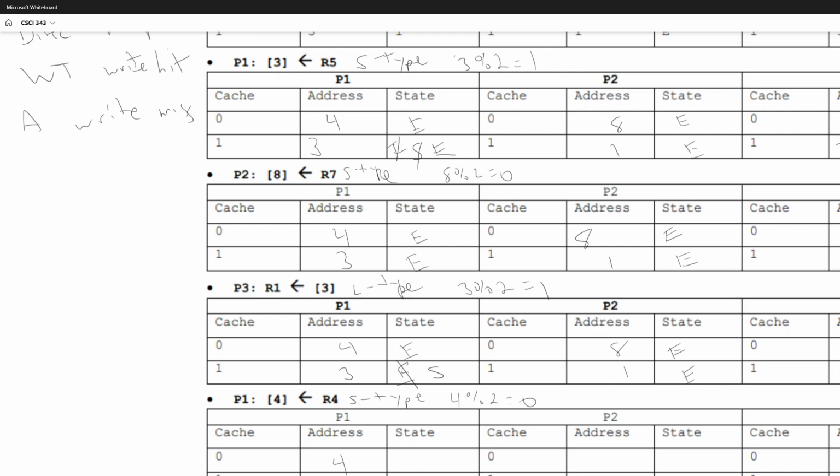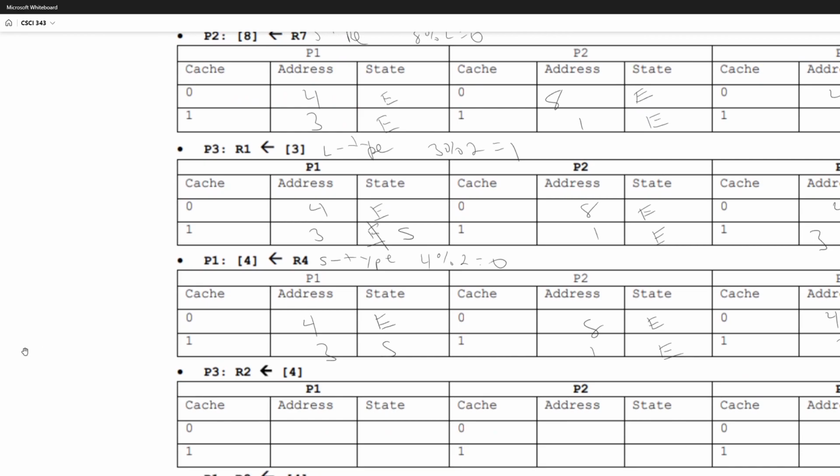It's a write hit, and we write to the cache and write to the main memory because it's a write-through policy. So this will stay exclusive. This will stay the same. Exclusive. Same thing. Valid. 3 shared. Okay, so nothing changed for that one.